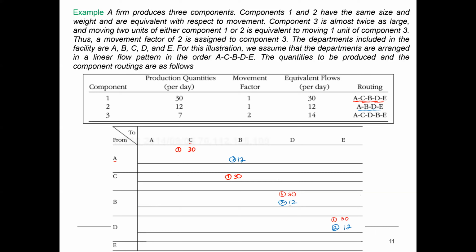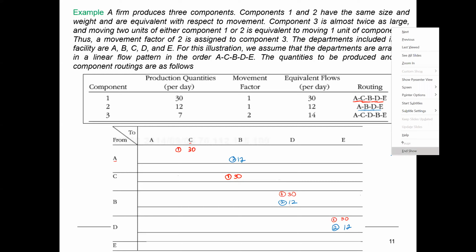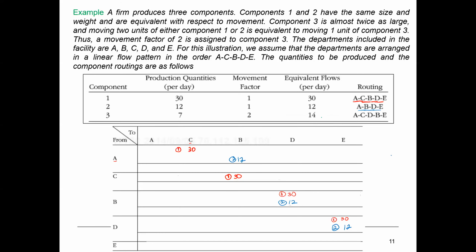So now we are going to consider component number 3, another color, green. So we go from A to C. So this is component number 3. For component number 3, we have 7 units.